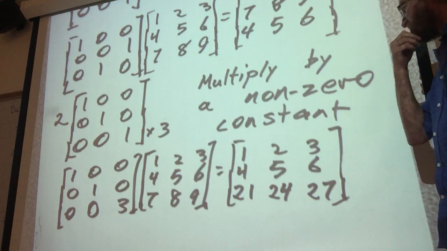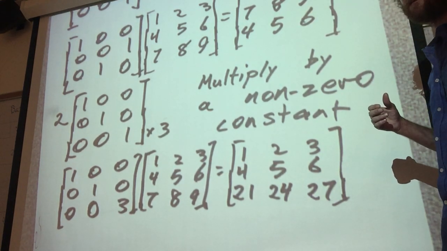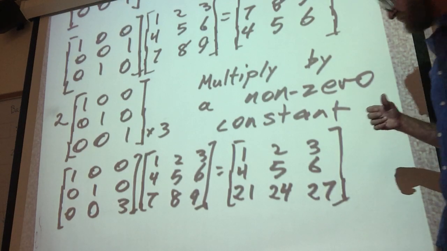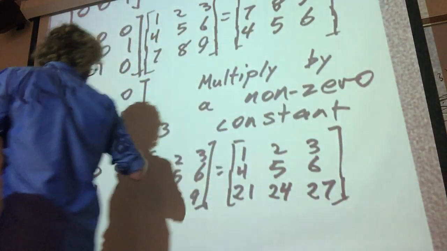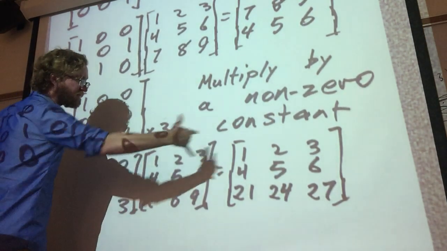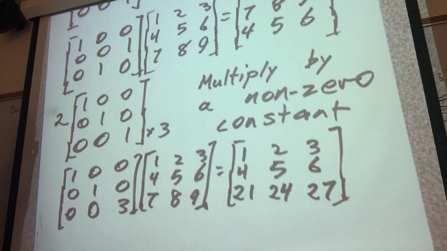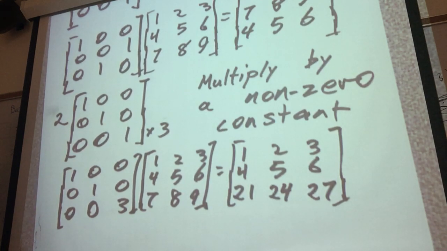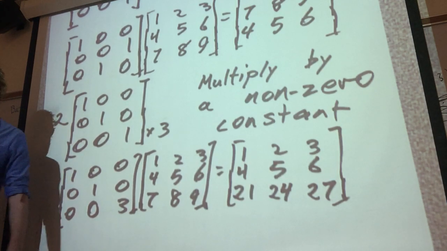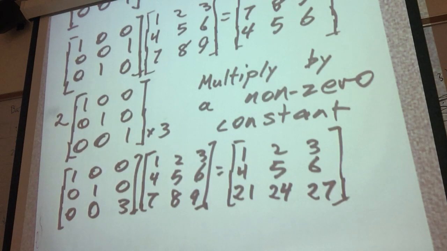Well, it doesn't have to be exactly the same size. The size of the row would have to match the size of the column, but the number of columns can vary. So basically, I can multiply an entire row by a constant. Now let's look at our last one.